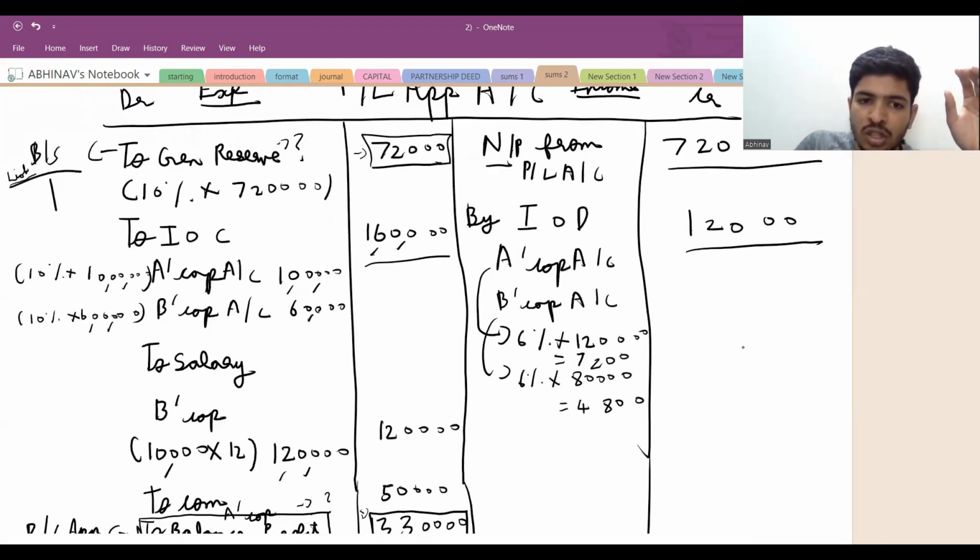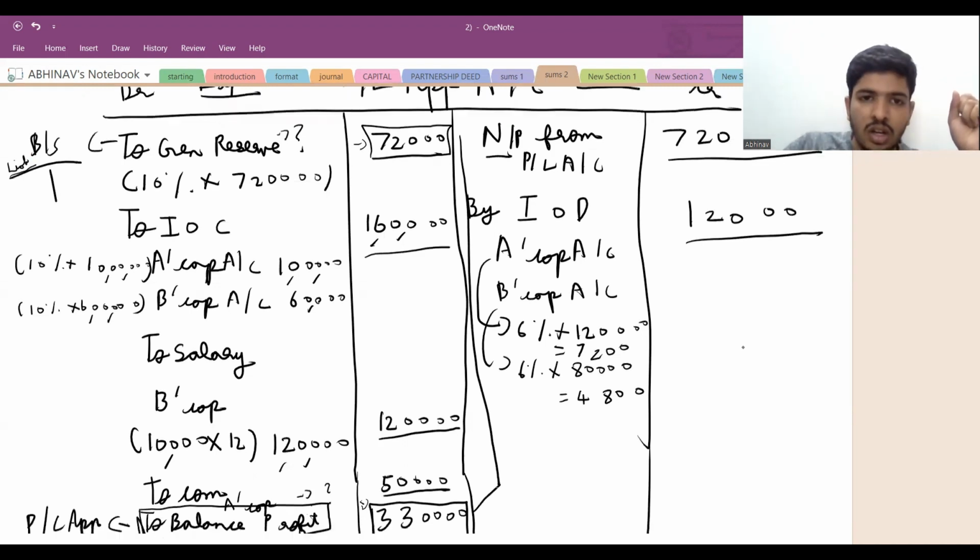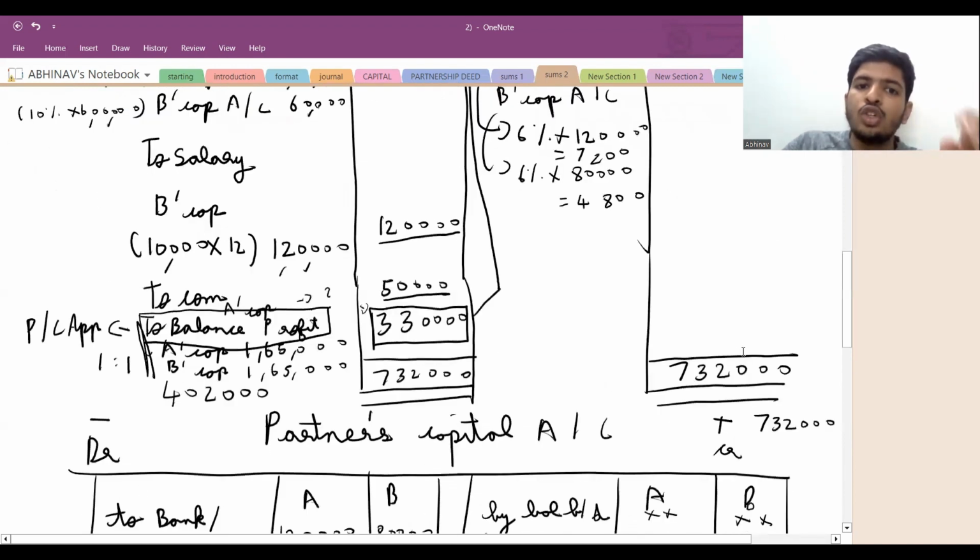That is 1,60,000, 1,20,000 and 50,000. Once I did that, I got a net value, right? So the net value is essentially the sum of 72,000 and 3,30,000.